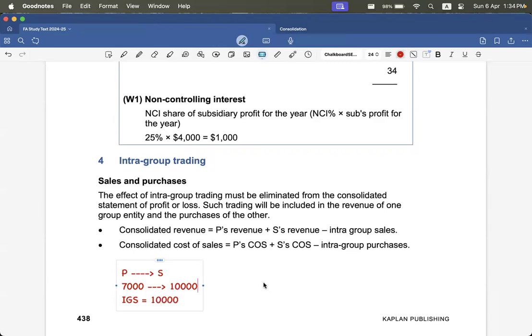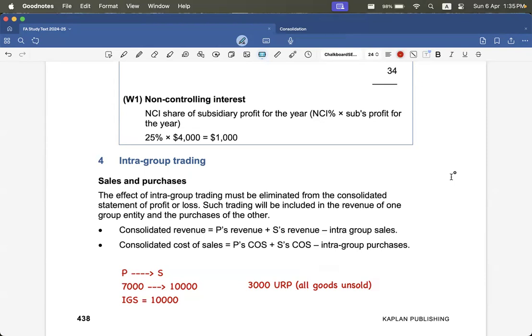Now, what is the URP here? Suppose S hasn't sold anything of what has been bought, then of that 10,000, the 3,000 profit becomes the URP. All goods unsold. Understood? So how do you adjust this?